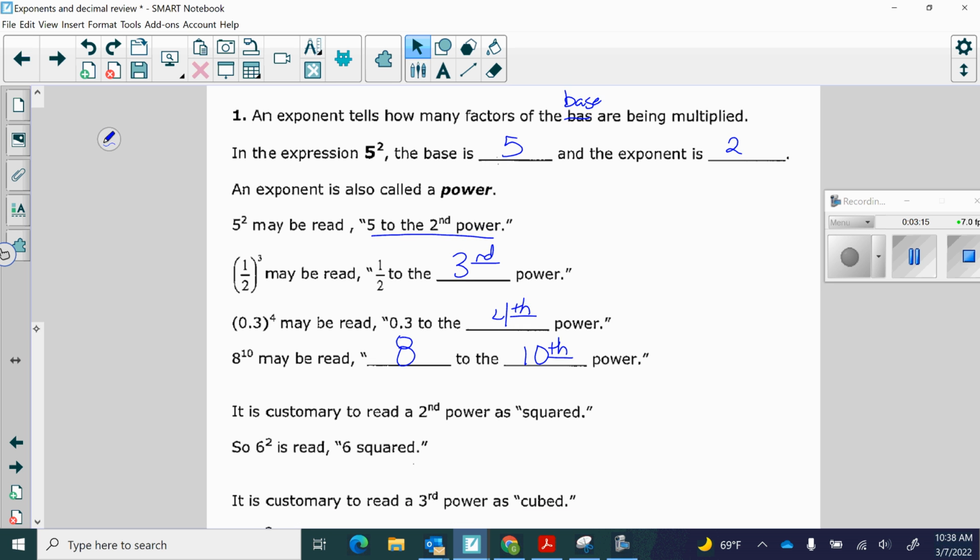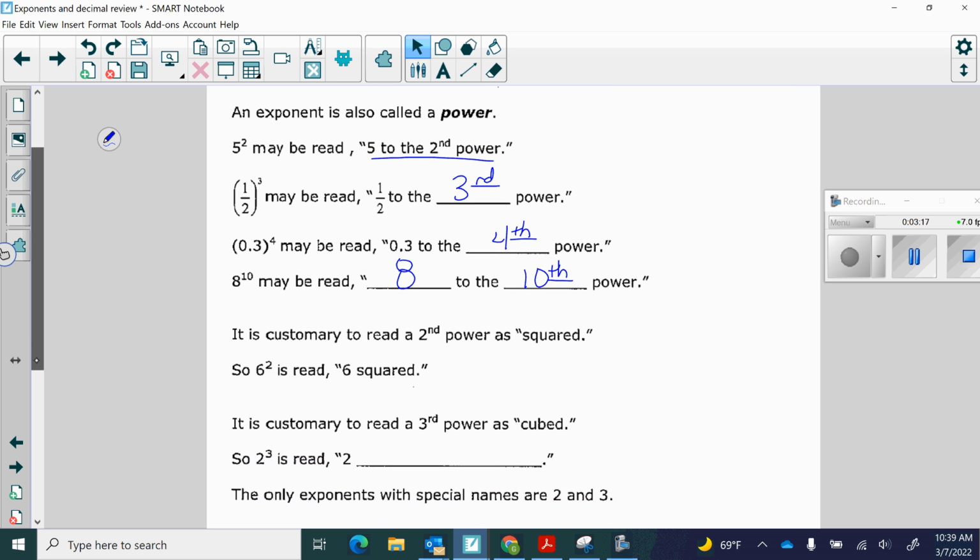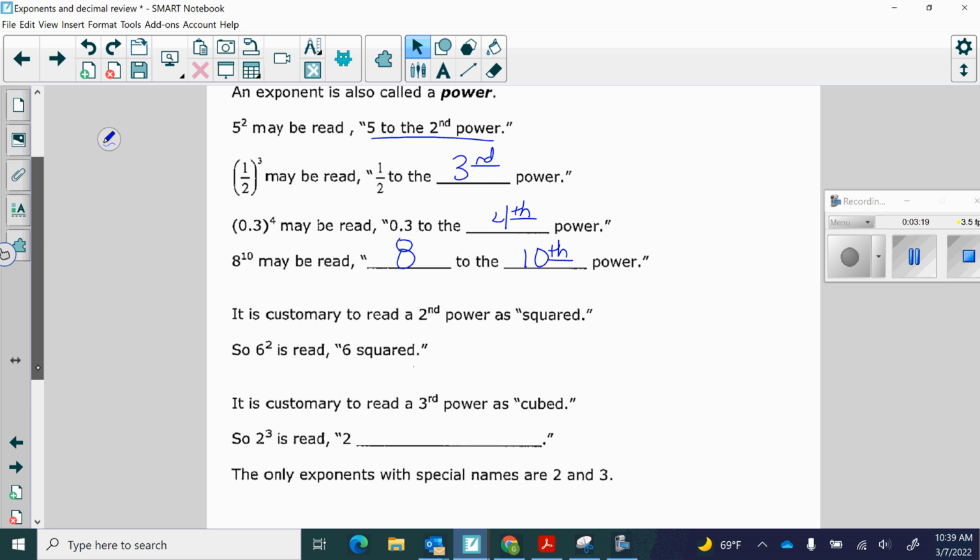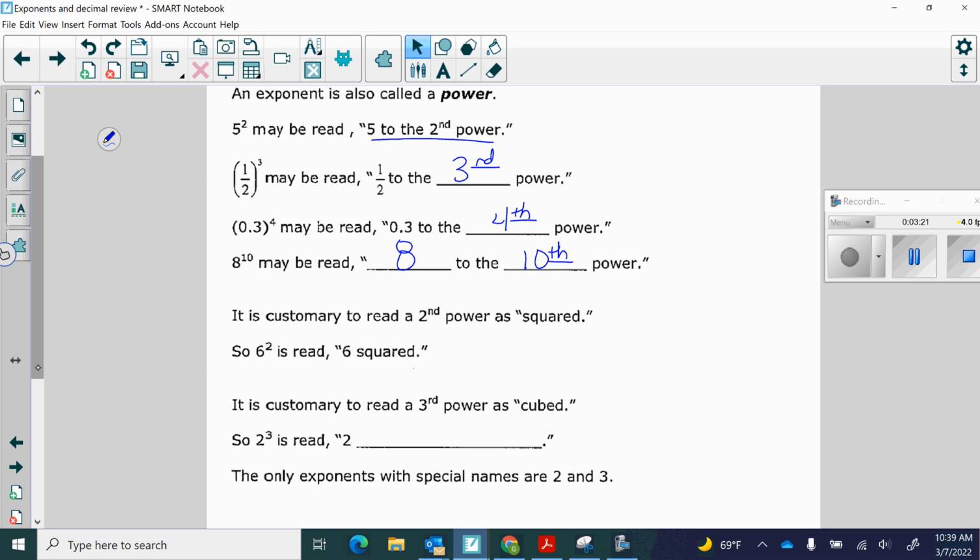There are 2 exponents that have a nickname. They have a special vocabulary word. One of them is the second power, and when you see an exponent of 2, you say squared. So for example, 6 to the second power is read as 6 squared.